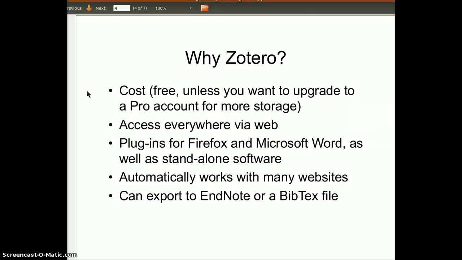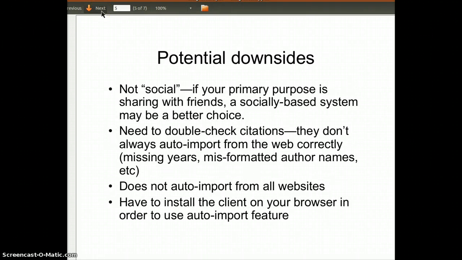It automatically works with a lot of the research sources that you're going to be using, things like Project Muse and Science Direct, and so those help you download those things automatically. You can also export to other types of files if you're doing a publication that requires BibTeX, or if you move to a different program like EndNote.